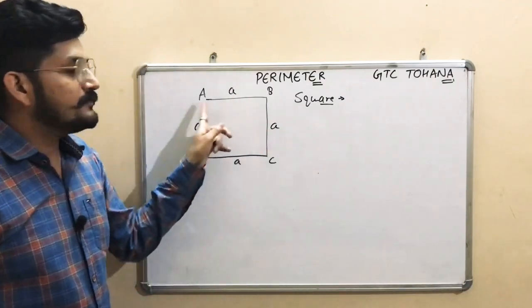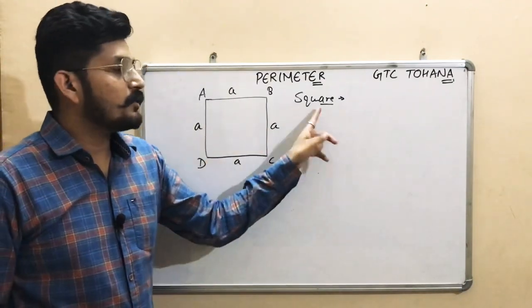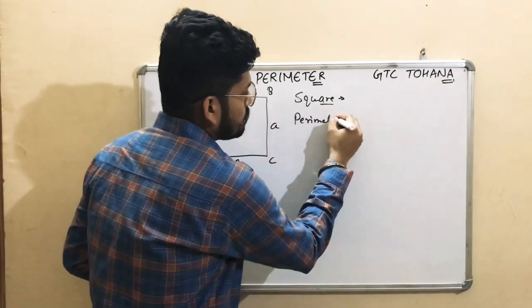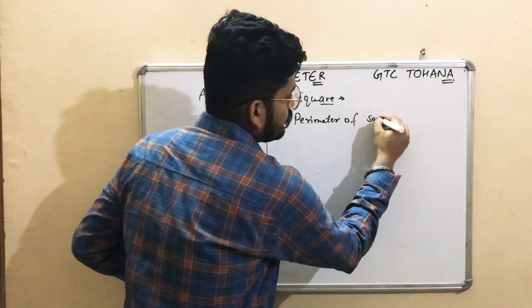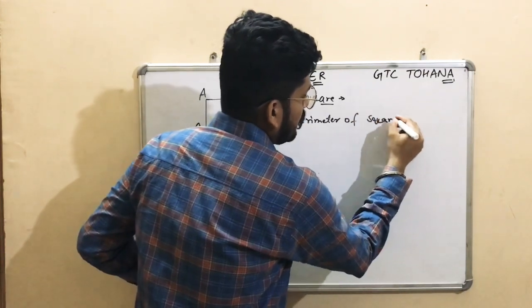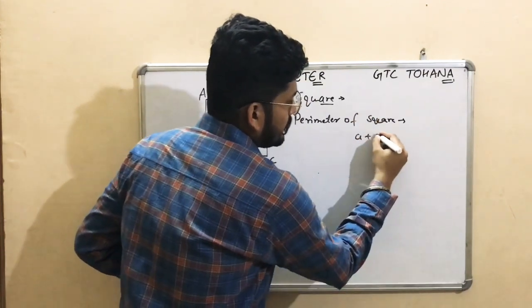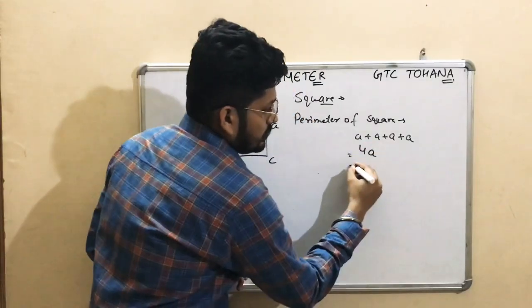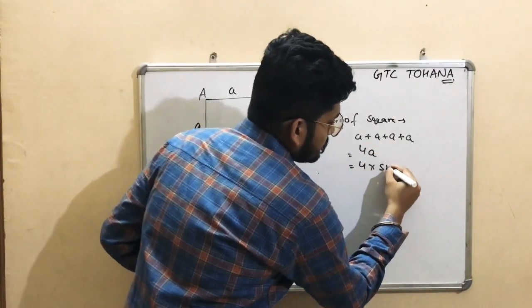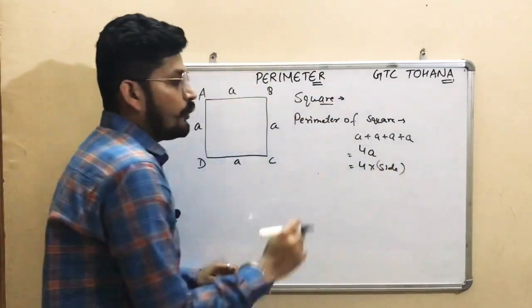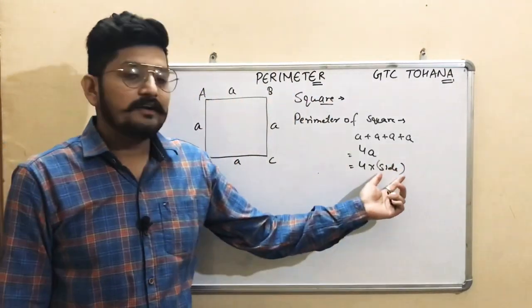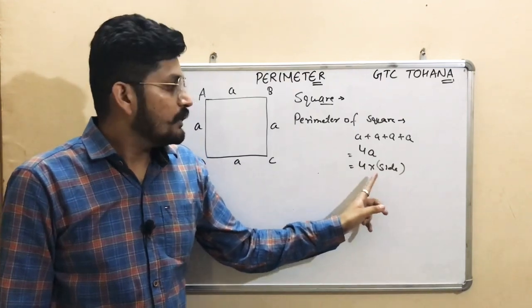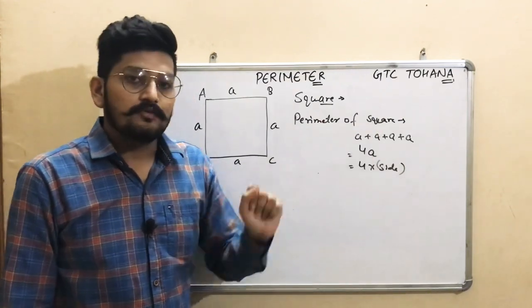Simply add these four sides, you will get the perimeter of the square. Perimeter of square is equal to A plus A plus A plus A, equal to 4 into A, that is equal to 4 into side. If you know the value of one side of a square, then you just multiply it by 4, then you will get the perimeter of the square.